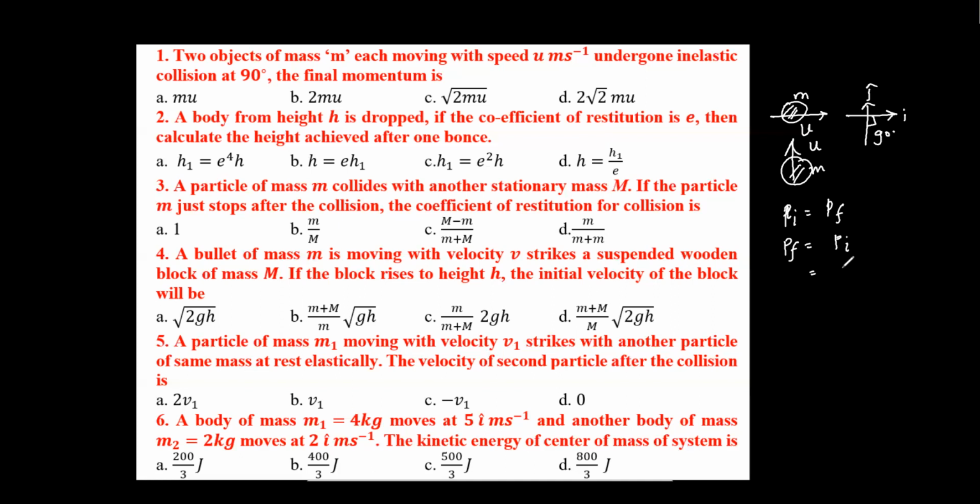We are familiar with the fact that it is the magnitude of the momentum in the i direction plus the momentum in the j direction, and the product of i and j is going to be 0, as theta is 90 degrees. That's why we can simply write m square u square plus m square u square, and the sum is going to be 2 m square u square.